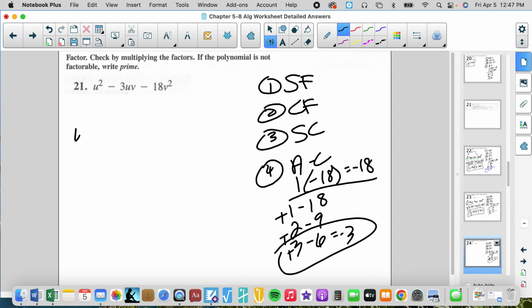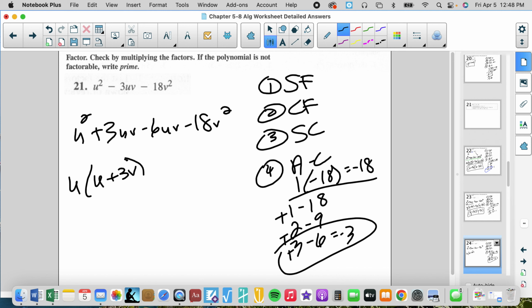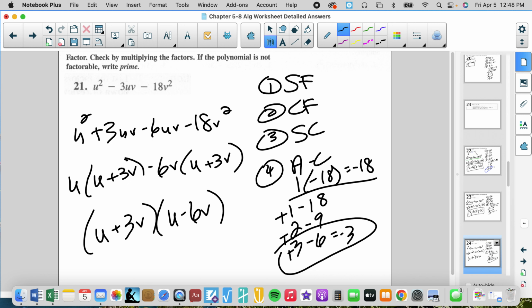So we're going to use u squared plus 3uv minus 6uv minus 18v squared. Factor out a u, you get u plus 3v. Factor out a negative 6v, you get u plus 3v. Oh, that's a weird looking binomial. But it works.